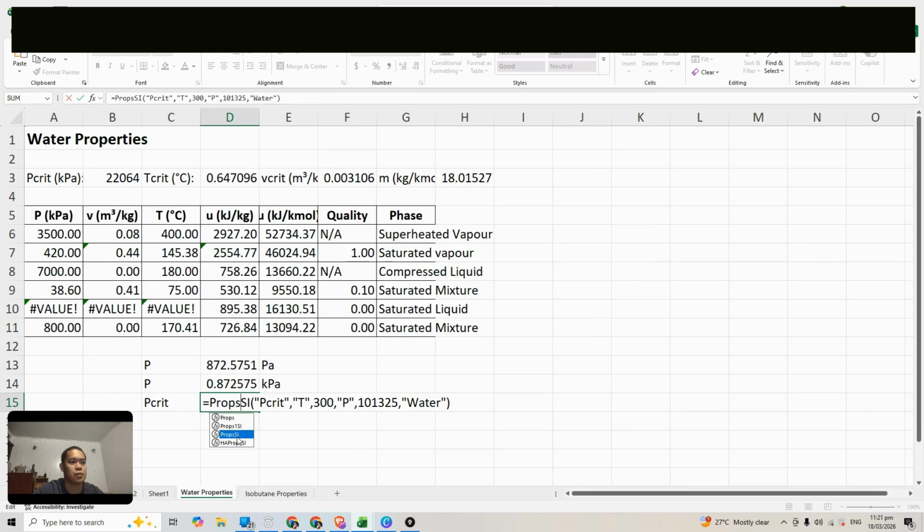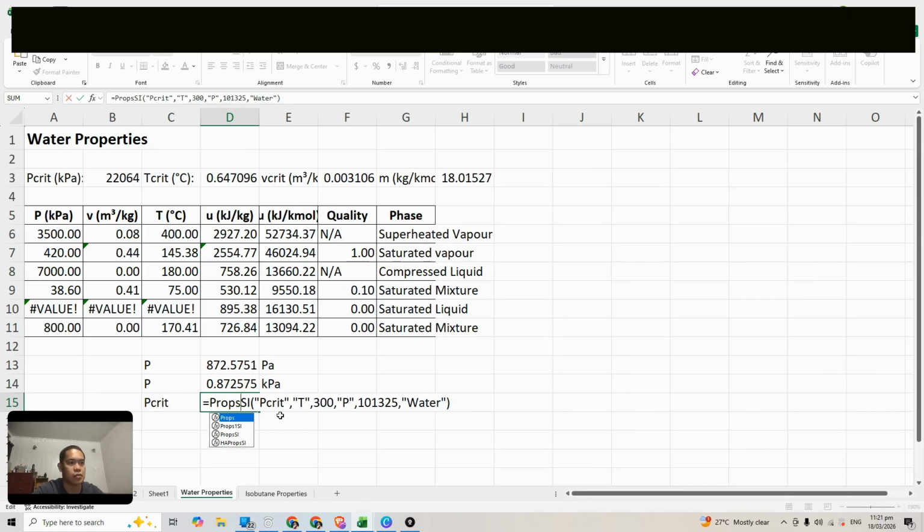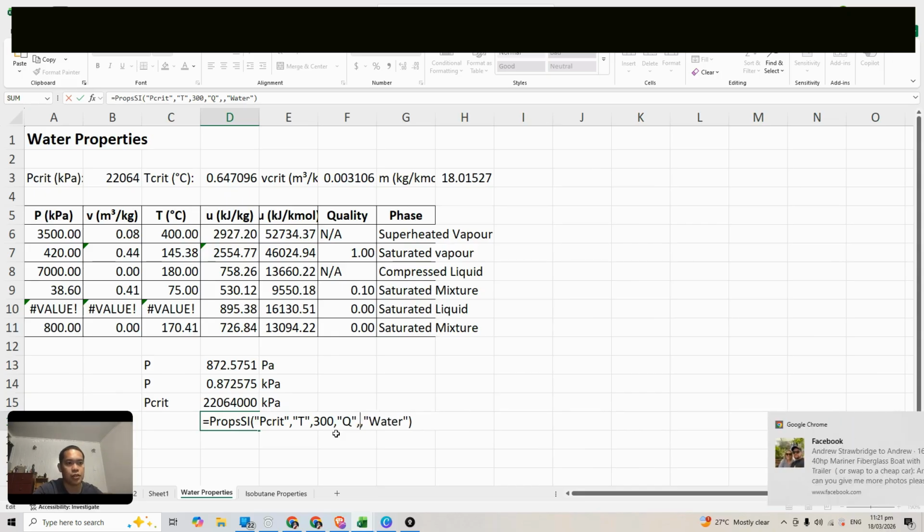I need to put PropsSI. Sorry, I forgot. Here we go. Let's try this one without the changes that we did earlier. So let's just say this one is Q and this one is 1.